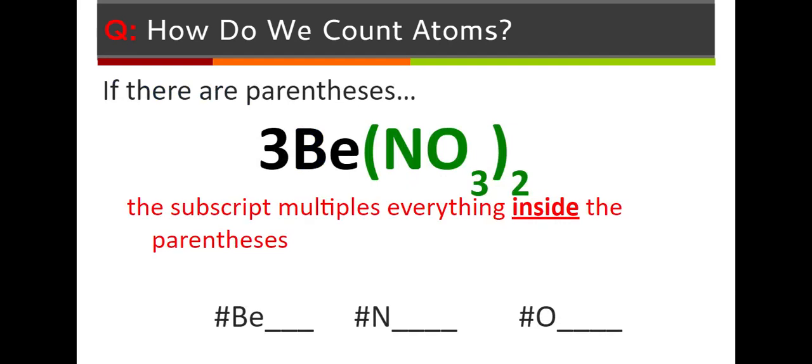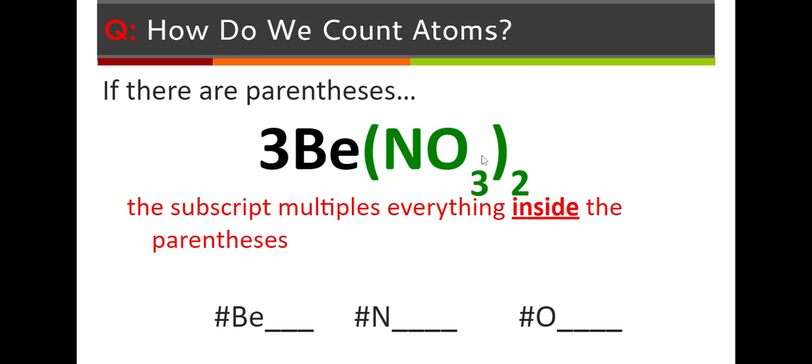But one more thing. If there are parentheses, then the subscript multiplies everything inside of the parentheses. Okay? So in this example, I have a 2 outside of the parentheses. Again, we're going to distribute. I'm going to take this 2 and multiply it by 3, and then I'm going to multiply it by the 1 that we can't see for nitrogen.